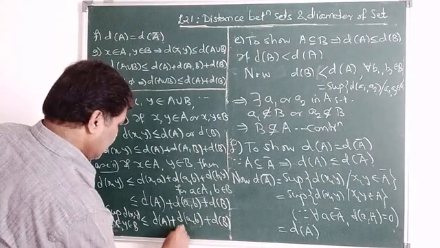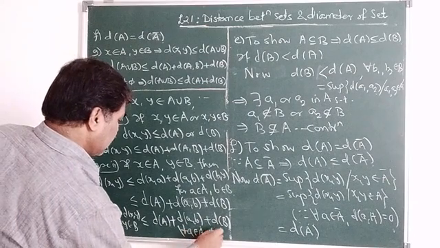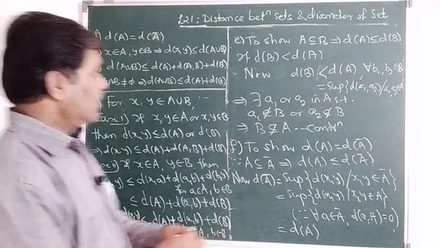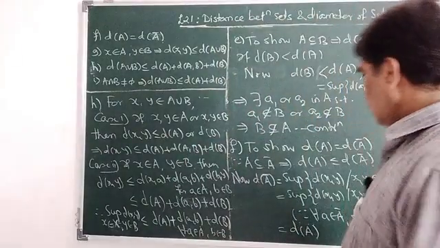For any a belonging to A, b belonging to B, I am taking points like that.